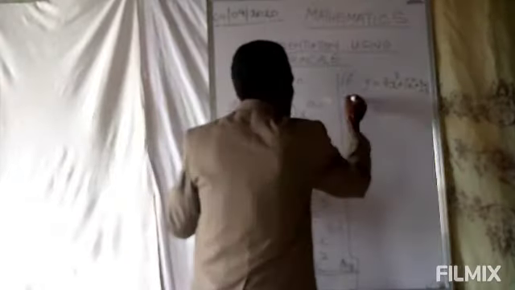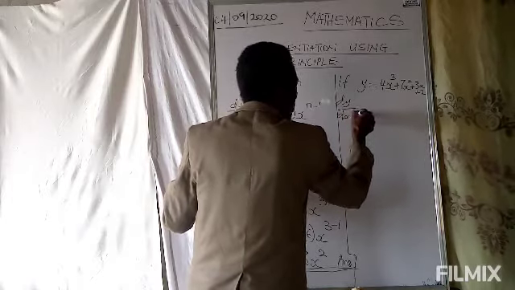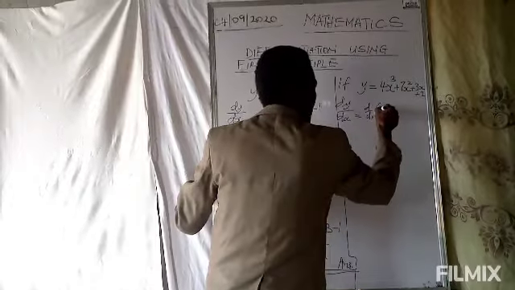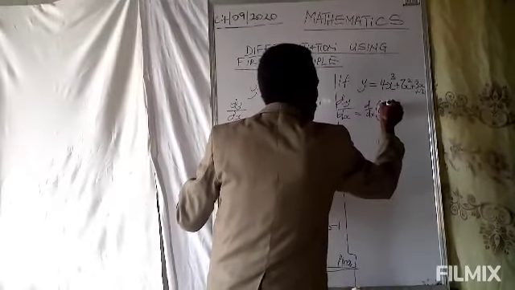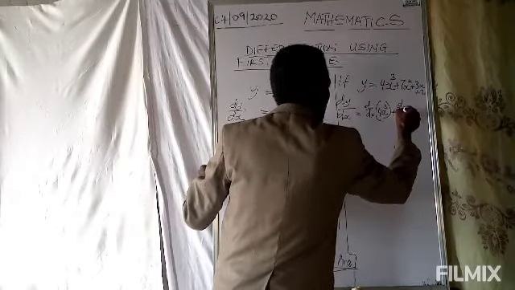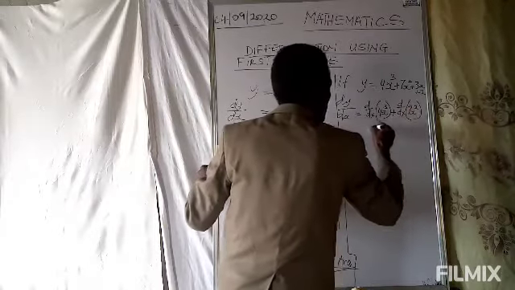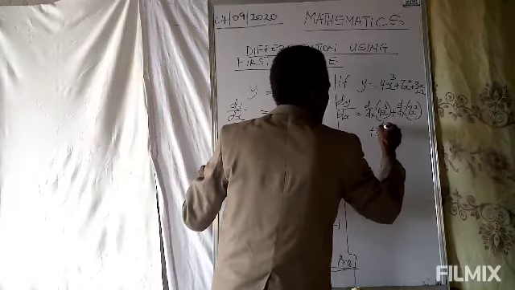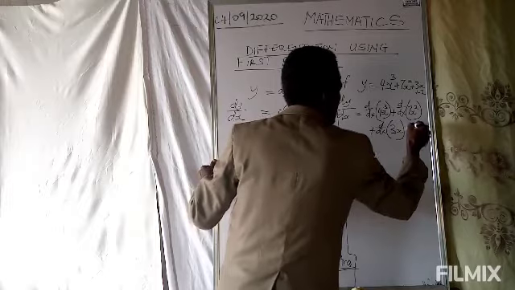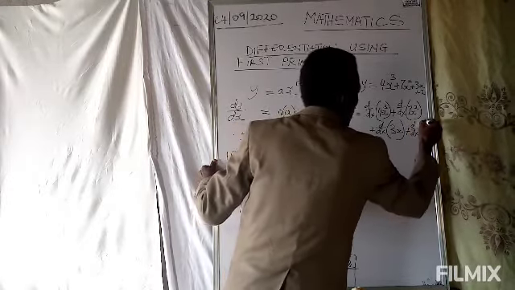So dy dx, using the first principle now, is equal to d over dx of 4x cubed plus d over dx of 7x squared plus d over dx of 3x plus d over dx of 2.